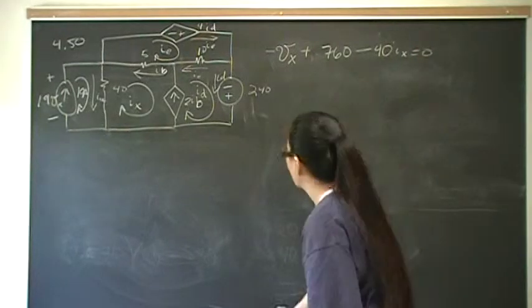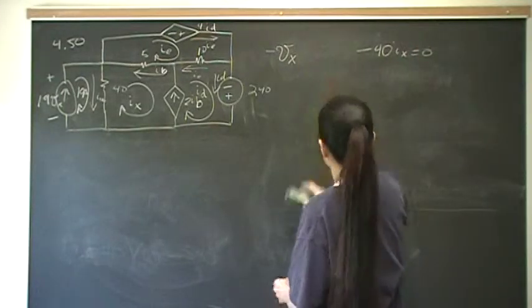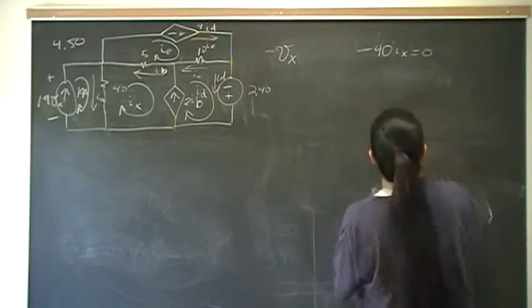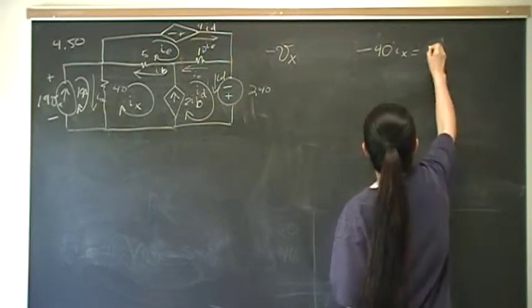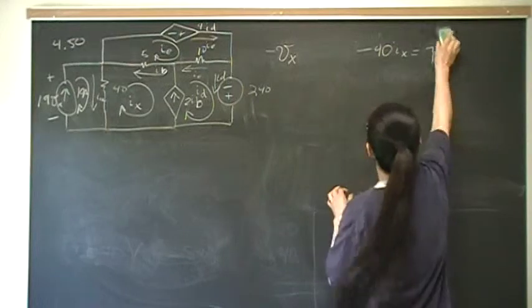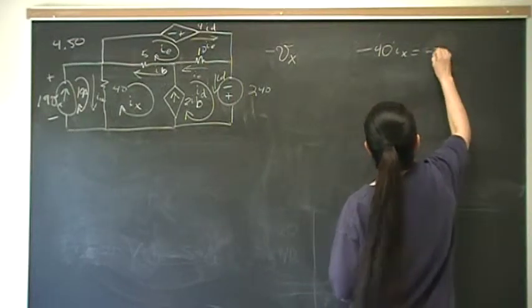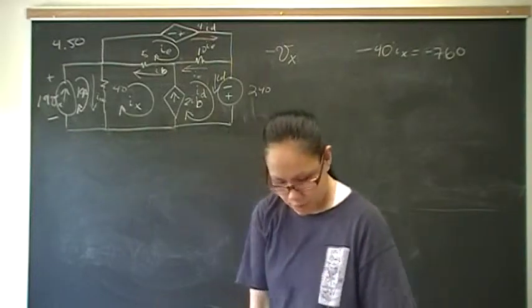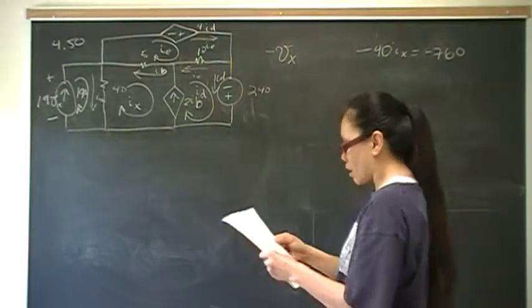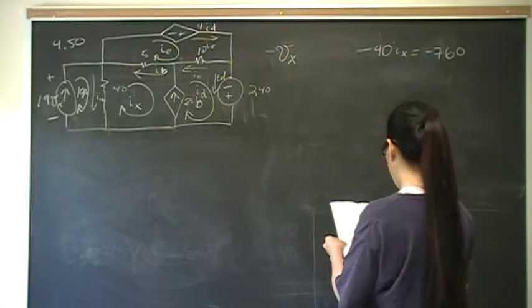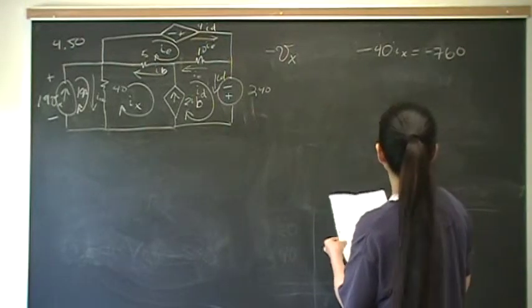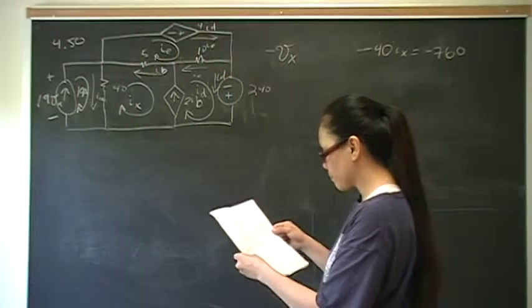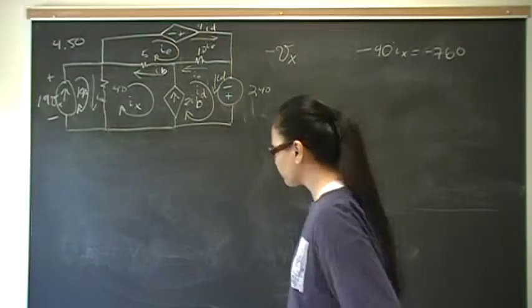So let's just go ahead and put the 760 on the other side because we're going to do that later anyway. So that becomes negative 760. So we got minus Vx minus, double check. So minus Vx minus 40 Ix is equal to negative 760.